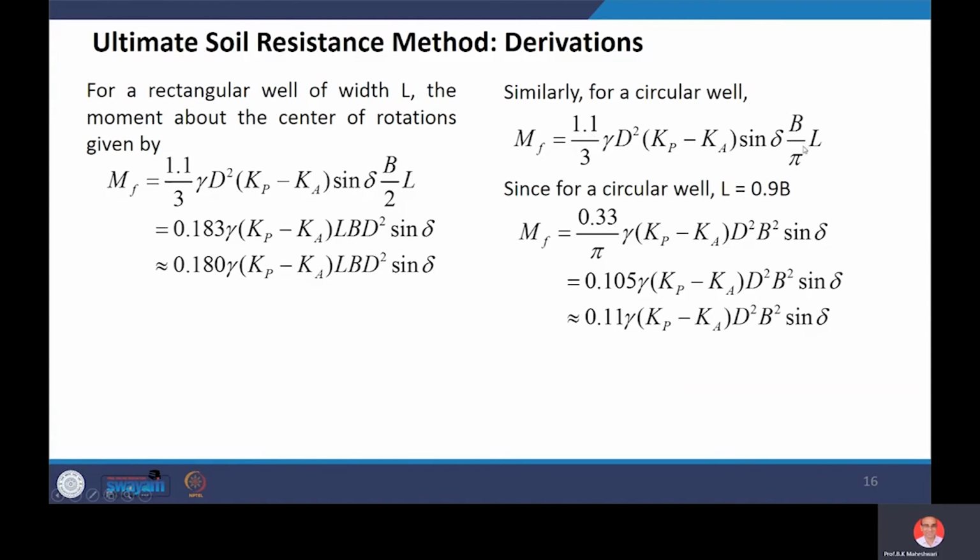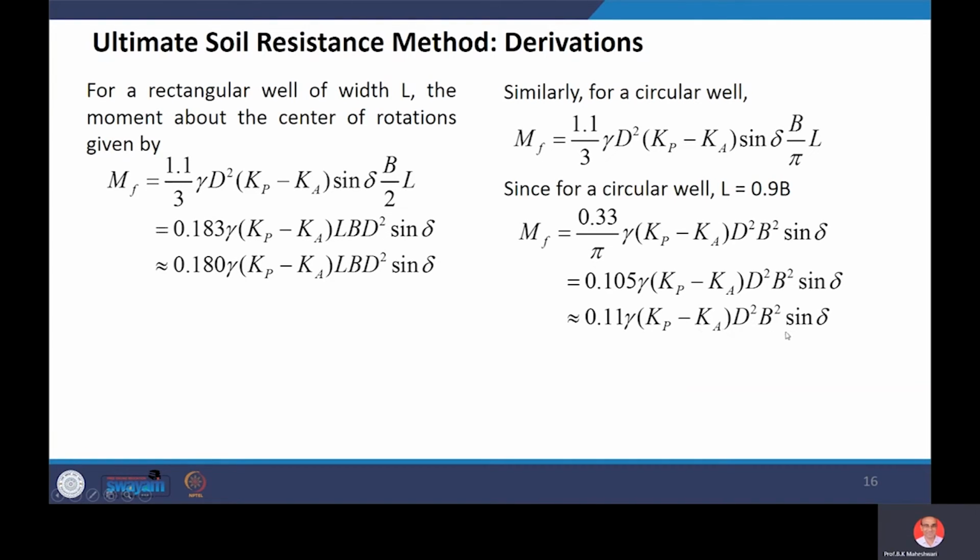While for friction, for a circular valve, this equation holds, 1/1.13 gamma D cube. So you have this for a circular valve, where B will be the diameter of the valve and L is the projected width. For a circular valve, L is taken as 0.9 B. But for a rectangular valve, this equation is given by this relation, 0.11 gamma (Kp minus Ka).